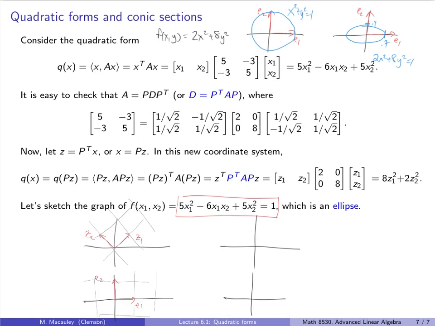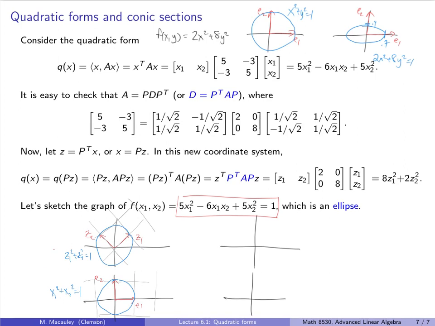Okay, so let me once again sketch the graph x1 squared plus x2 squared equals 1. That's a circle. And up here, I'll sketch z1 squared plus z2 squared equals 1.